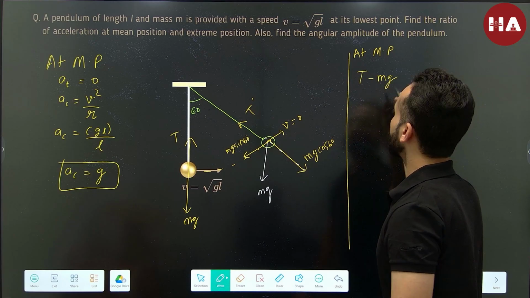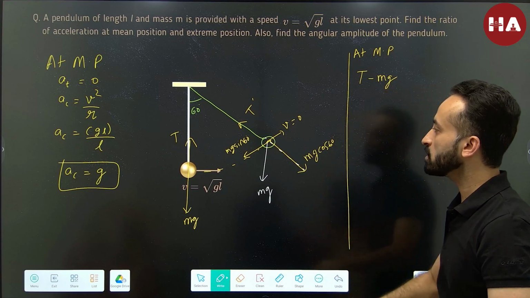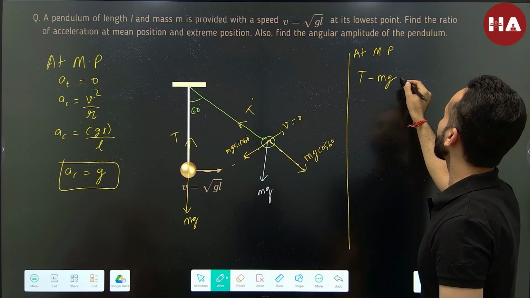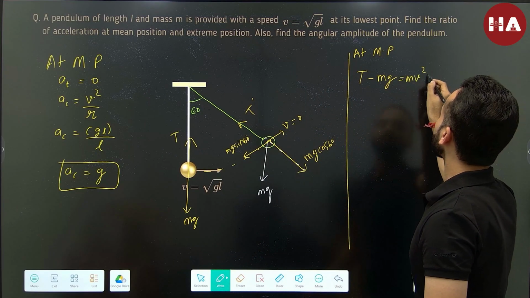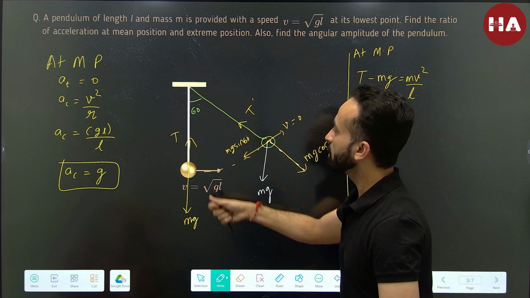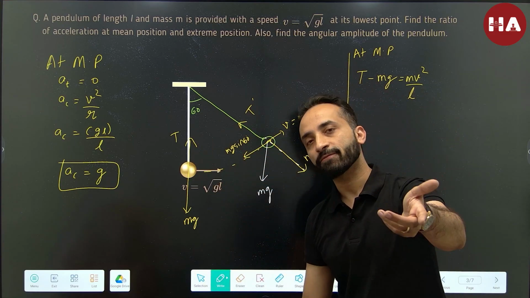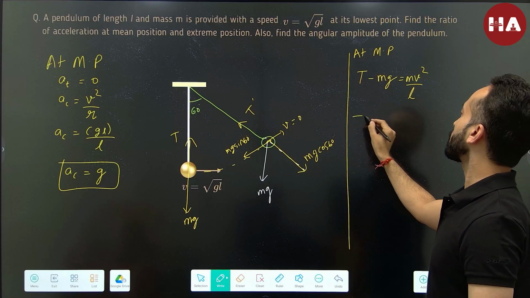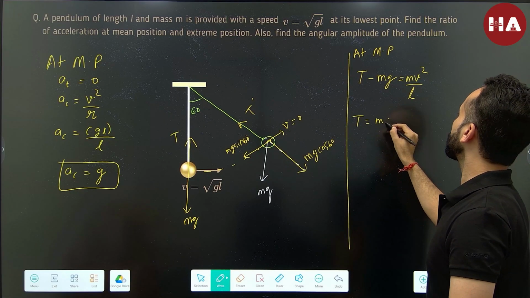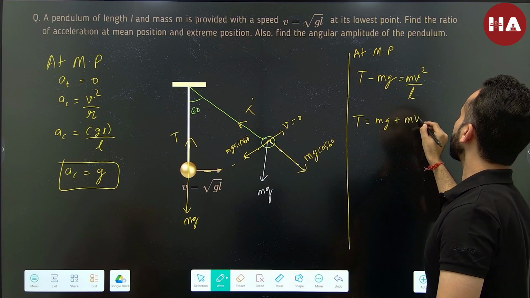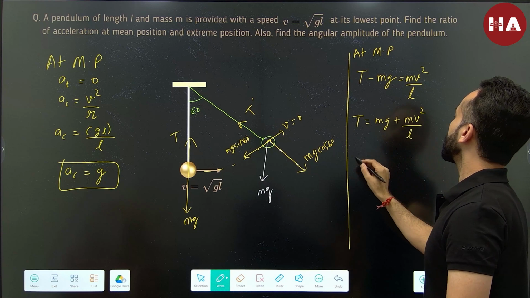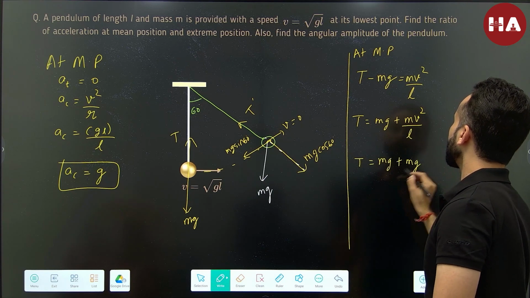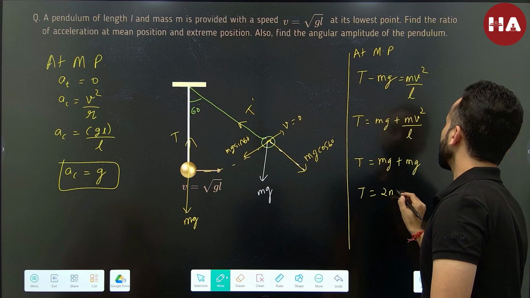I am again repeating, this class is only for the students who do understand that net force towards the center is mv square by r. So if we are drawing the free body diagram here, T minus mg is the net force, and net force is equal to mv square by r. So T is equal to mg plus mv square by r. So T turns out to be mg, and this term will also become mg. So the value of T is 2 mg.